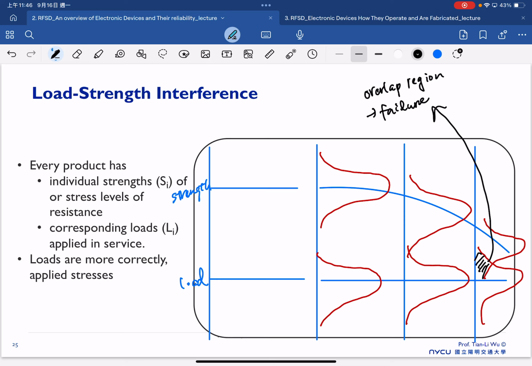So this is another illustration to help you understand why in the end failures can happen. It's because the strength is decreased, and if we consider the distribution, the strength can highly overlap with the load, and in this case we start to see the failure coming.